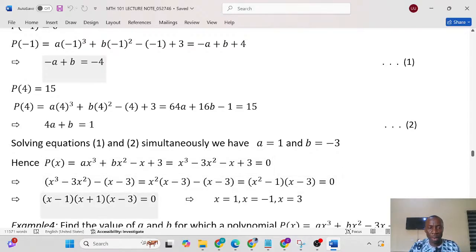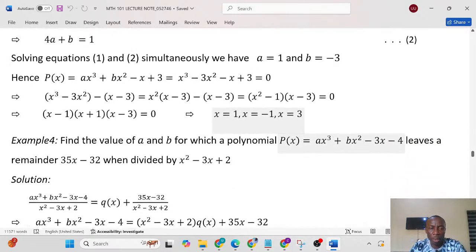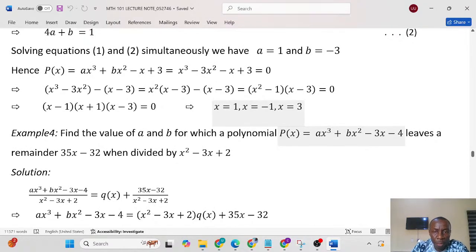If you factorize it, you are going to have x minus 1, x plus 1, x minus 3. And when you equate it to 0, it will give us x to be equals to 1 from the first bracket, x to be equals to minus 1 from the second one, x is equals to 3. So that the zeros of the polynomial are x equals to 1, x equals to minus 1, and x is equals to what? 3. So that is how we find the zeros of a polynomial.